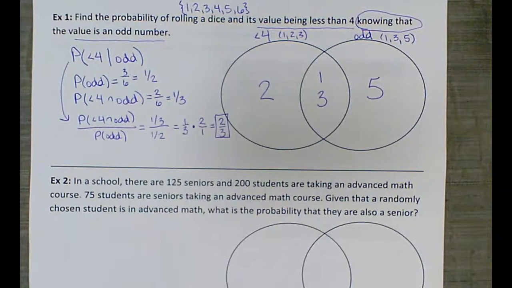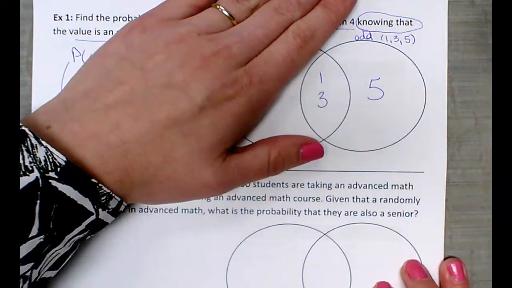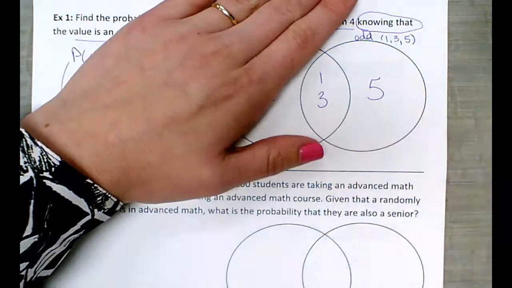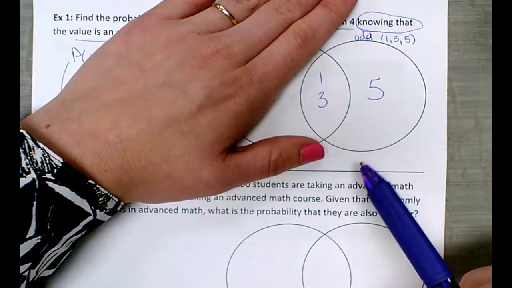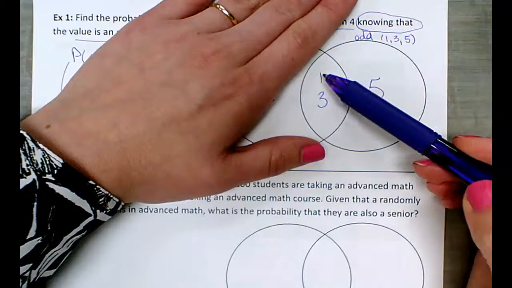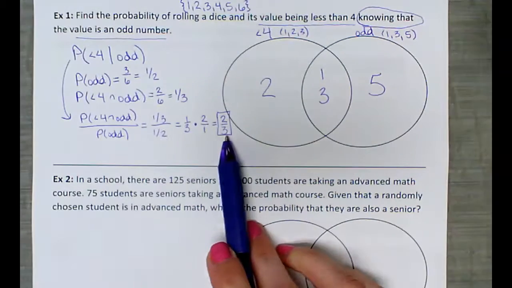So if I'm trying to figure out the probability of rolling a die and its value being less than 4, knowing that the value is an odd number, well then I just ignore all of this. I only look at the odd number circle, and the probability that we roll a number less than 4, given that it's in this circle, is 2 out of 3. And that's our probability.